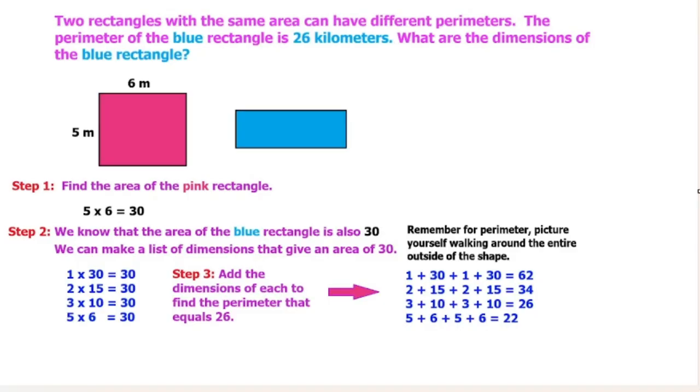And just remember, for perimeter, picture yourself walking around the entire outside of the shape, which is what we did. So the dimensions of the blue rectangle are 3 by 10 because this perimeter is 26. So 10 and 3. And that's how you do that problem.